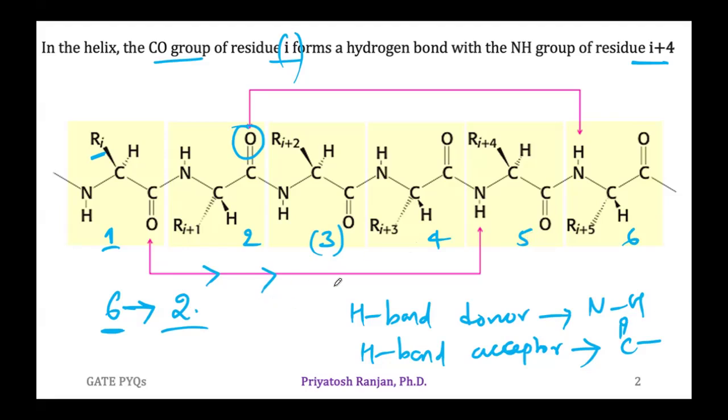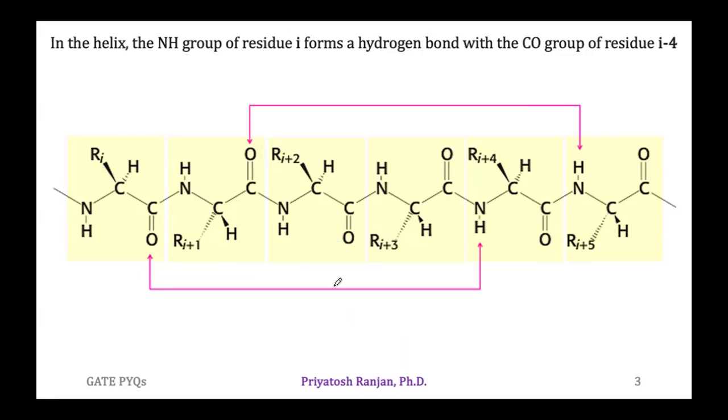Similarly, we can read this hydrogen bonding pattern in a different way. You can consider the NH group of residue I. In that case, we can say the NH group of residue I forms a hydrogen bond with the CO group of residue I minus 4. So for example, I can again give numbers to these amino acids: 1, 2, 3, 4, 5, 6.